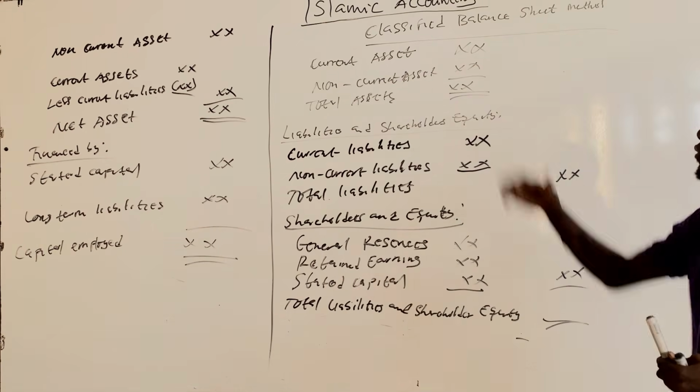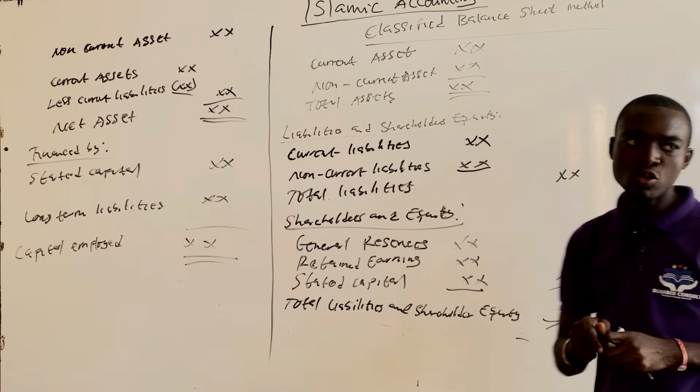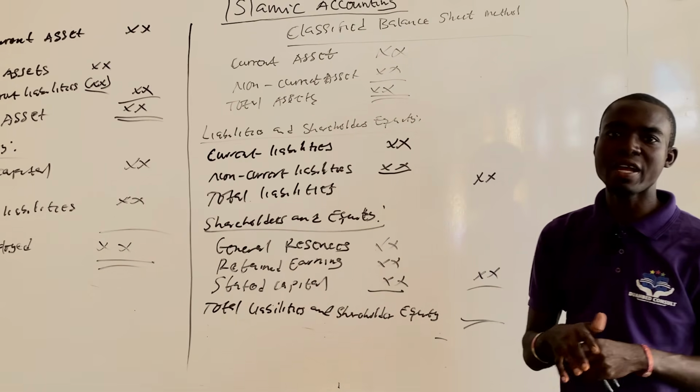So this is the format of the classified balance sheet. It's the same as the one that we use now, but over here you are just changing the positions of some of the items.